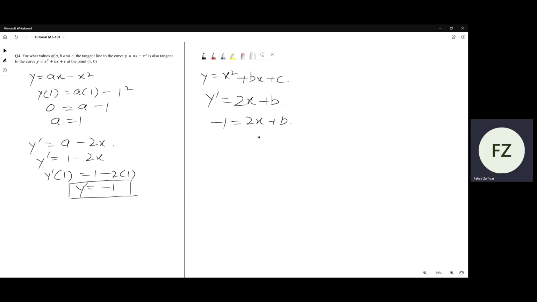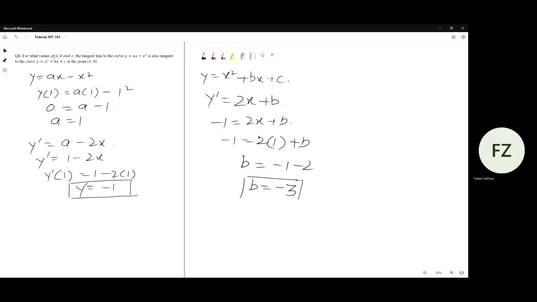So this is tangent at the point (1, 0). So minus 1 equals 2 into 1 plus b, and b comes out to be minus 1 minus 2, and from here b is minus 3. So b is minus 3 and a is 1.